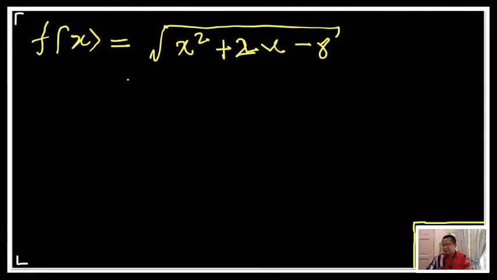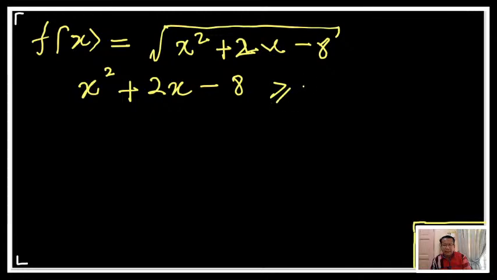The radicand should be greater than or equal to 0, so x squared plus 2x minus 8 is greater than or equal to 0. What we need to do is find x so that this becomes true.